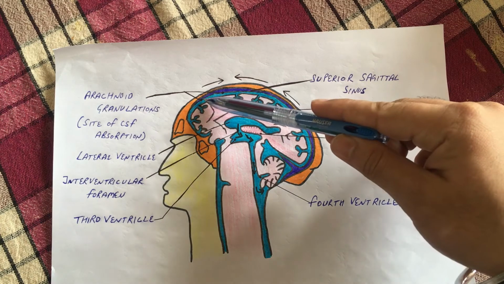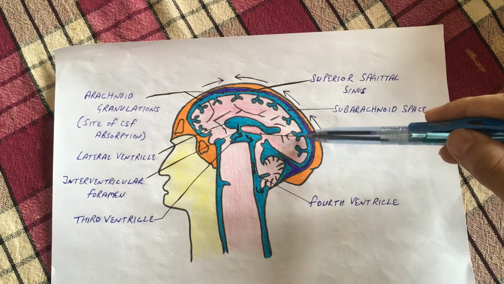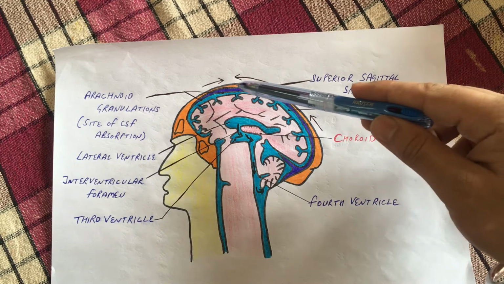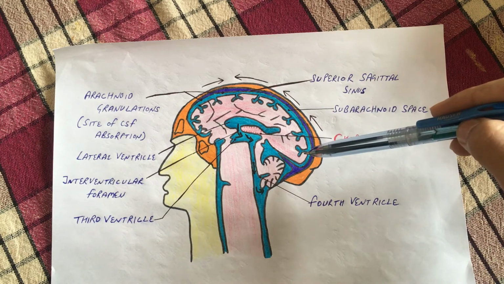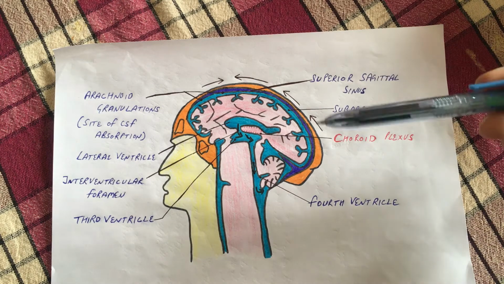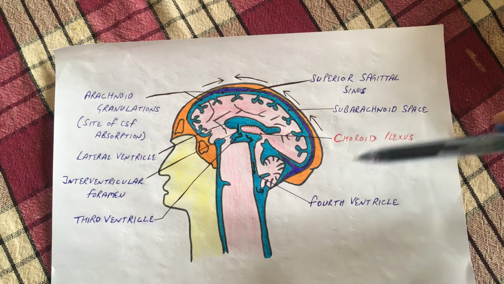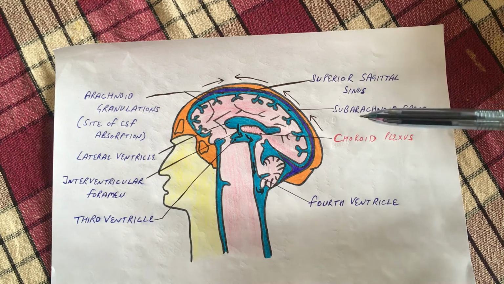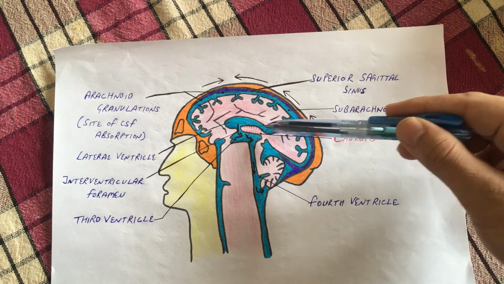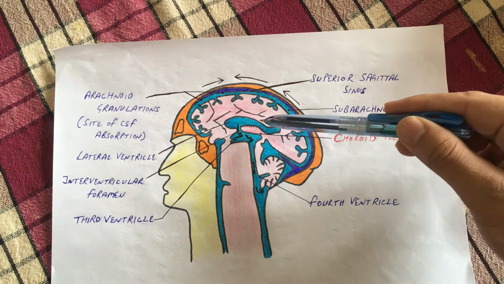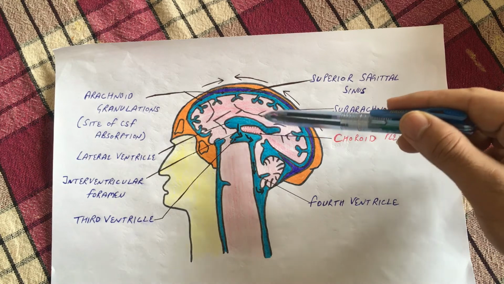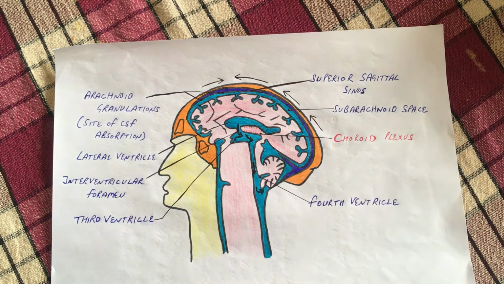This is the subarachnoid space which I was talking about, this purple one. Clear? Now coming to the site of production of CSF. The choroid plexus of the ventricles of the brain secretes the CSF. This is the choroid plexus, this red one. This secretes the CSF.